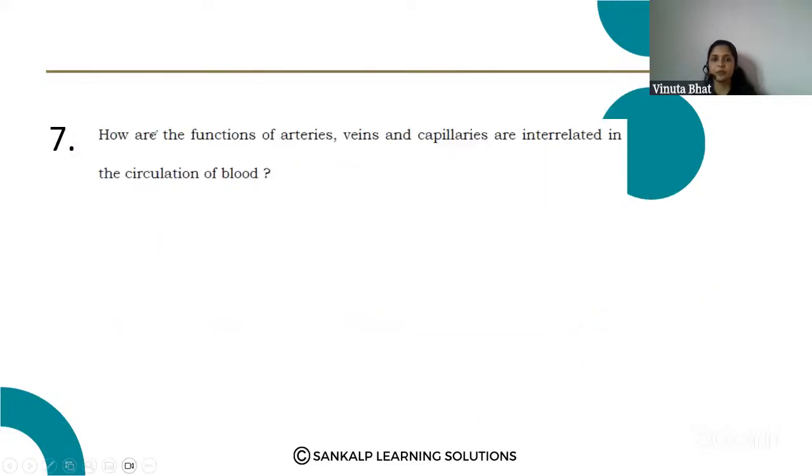Next question. How are the functions of arteries, veins and capillaries interrelated in the circulation of the blood? Note down the question. How are the functions of arteries, veins and capillaries interrelated?